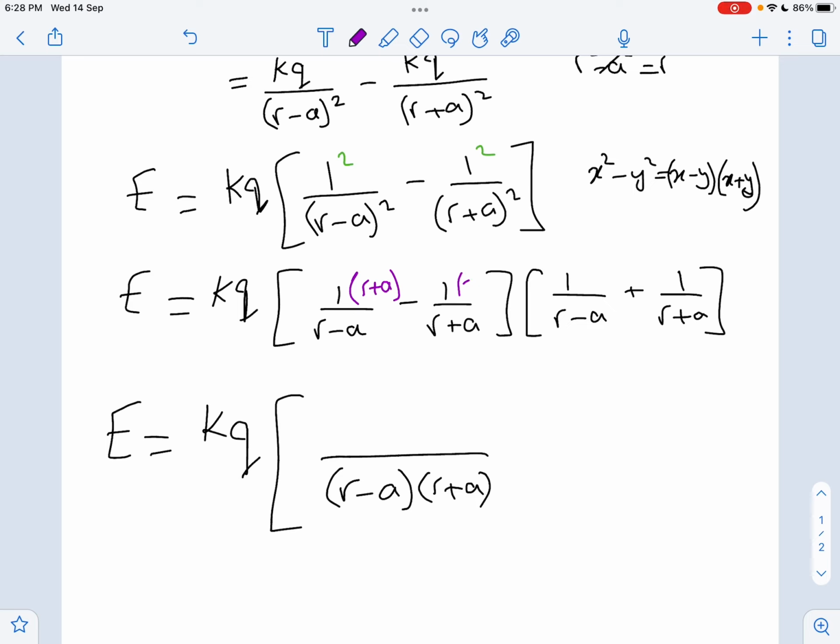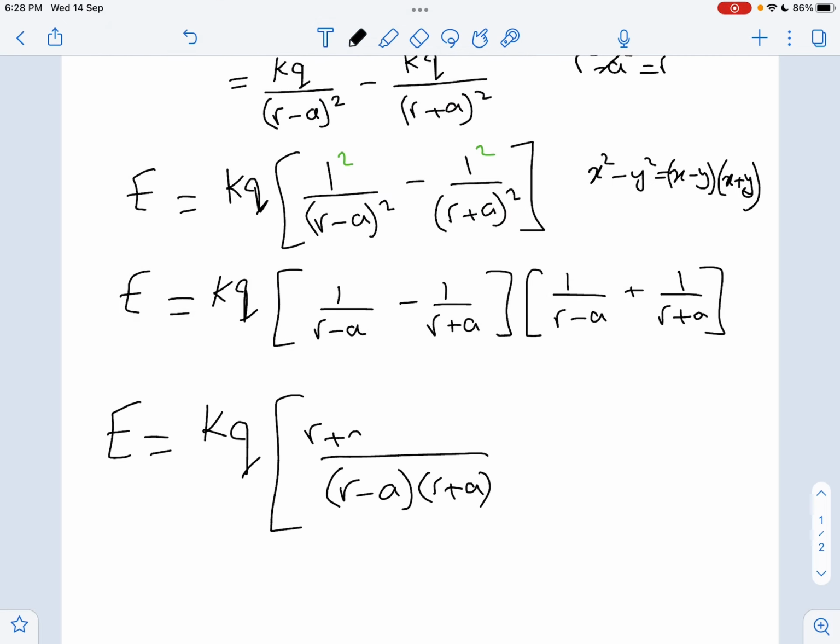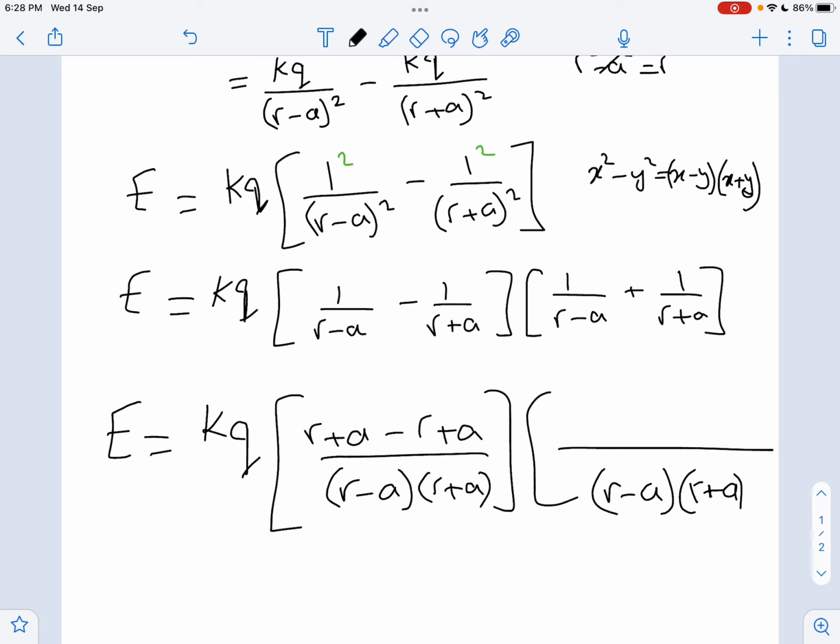So let's continue. We'll get then r plus a minus r plus a, because we have this minus sign here. And on the other side, we'll have again r minus a into r plus a. And in the numerator, you will again get r plus a minus r, plus r minus a, because I have the plus here.